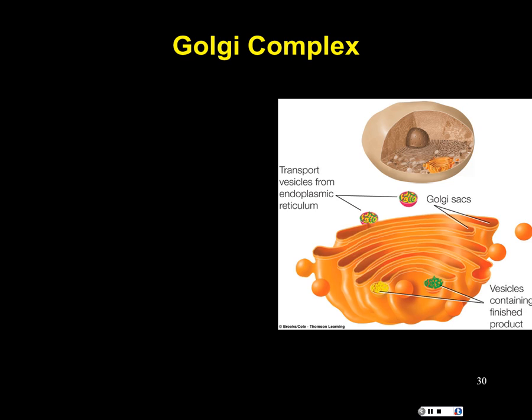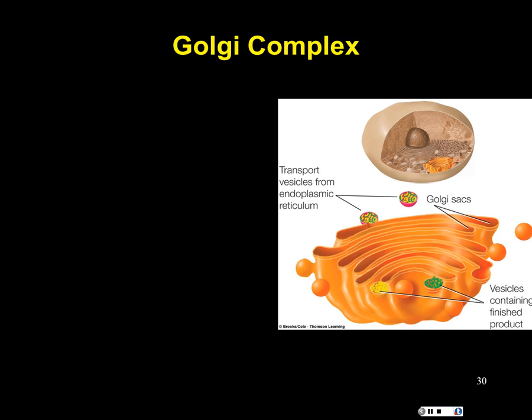What kind of processing can occur at the Golgi apparatus to a protein? What can we do to a protein? We've already synthesized it in the rough ER. Now we're going to process it in the Golgi.